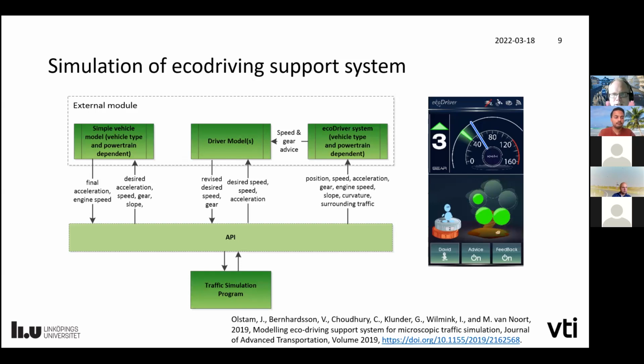They were implemented and tested in field trials, and then we developed a simulation framework where we included both the system itself and a driver model that reacted to the speed and gear advice by the system. And since this also gives gear advice, we also needed to add a simple vehicle dynamics model and a simple modeling of the powertrain.